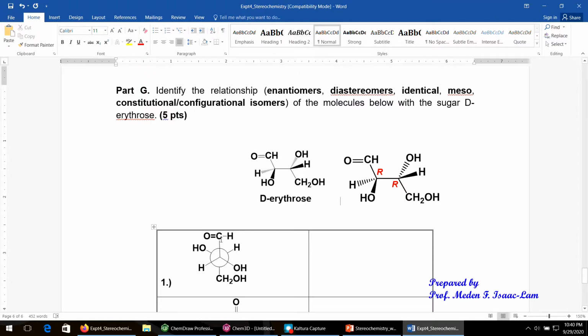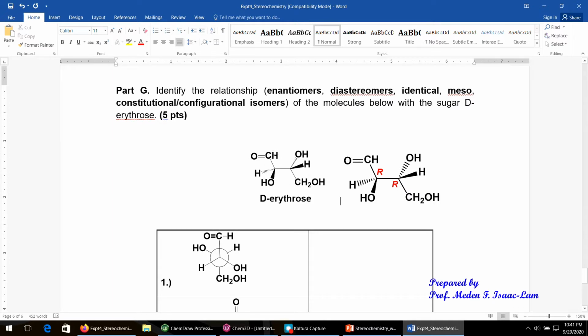You are looking at a Newman projection, and in fact you are viewing it sideways. So if you draw the Newman projection, this CHO is going to be on top. So you're in between the H and OH. Now the H is on your left, OH is on your right, and if you're projecting this way, so now the back H is on the right, OH is on the left, and then CH2OH, anti or opposite to the CHO.